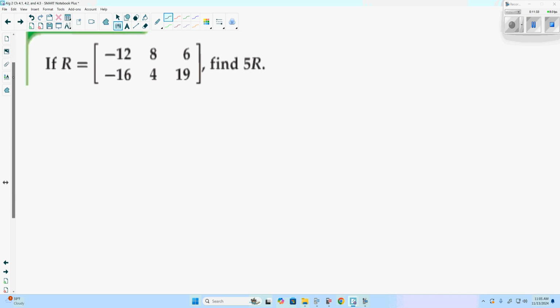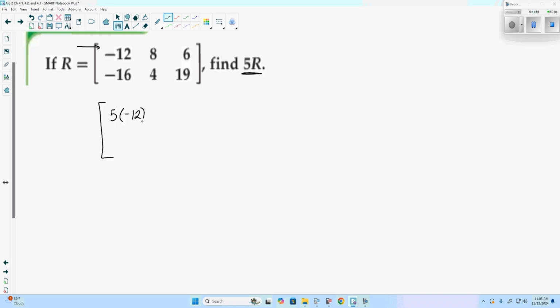Scalar multiplication. When we talk about scalar multiplication, we take whatever the scalar is and multiply every element in the matrix by that scalar. So here, we're multiplying the matrix R by 5. So every element in this matrix is going to be multiplied by 5.